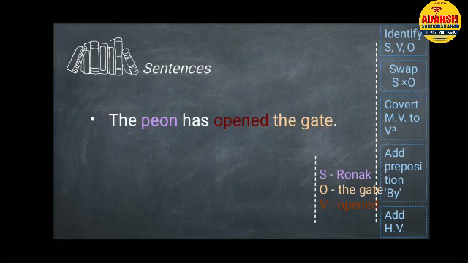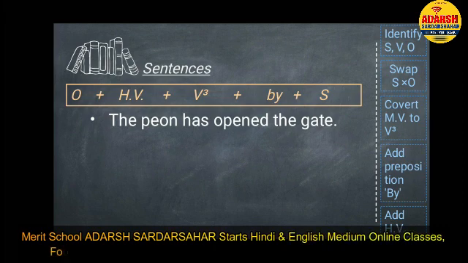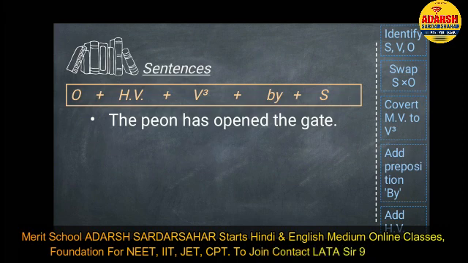So let's start. Before going on, let's see the formula. The formula is object plus helping verb plus verb's third form plus by plus subject. Here if you notice, we put the subject in the place of the object and the object in the place of the subject.